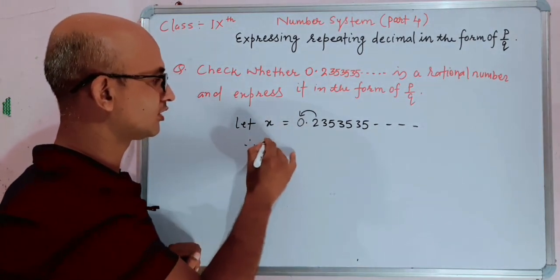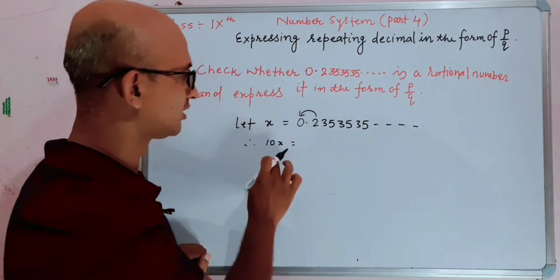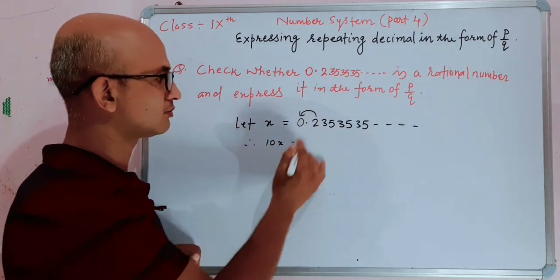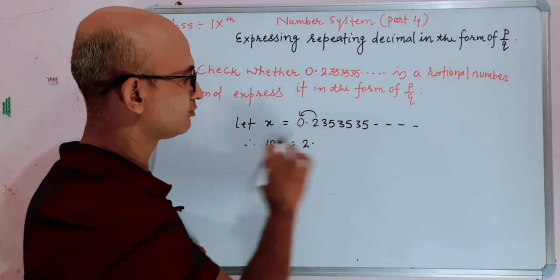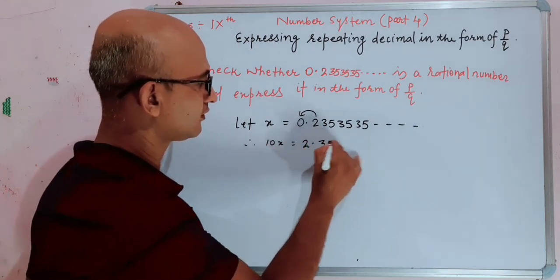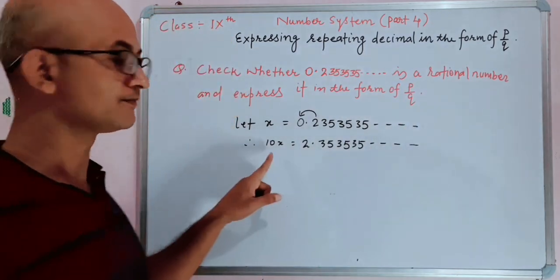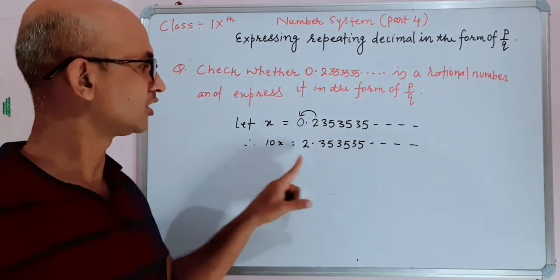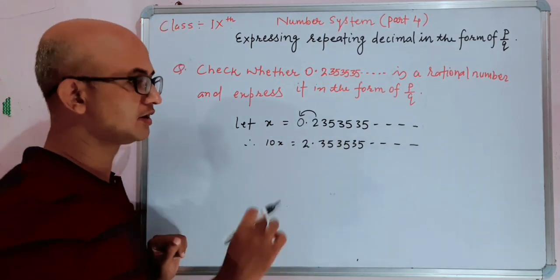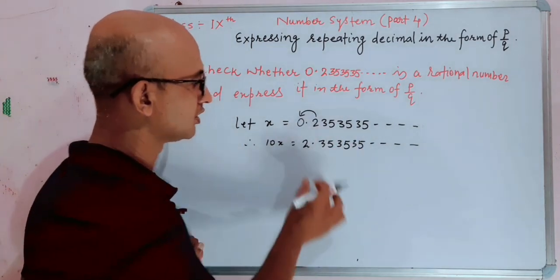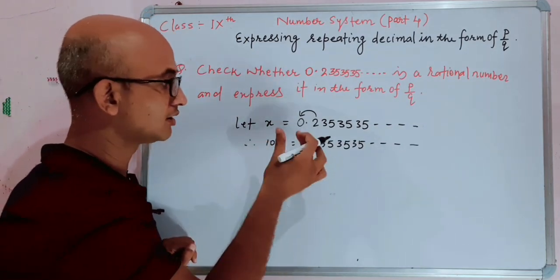On multiplying it by 10 we get 10x equals 2.353535 and so on. Now in this decimal expression there are two repeating digits. Since there are two repeating digits, we will multiply it again by 100.